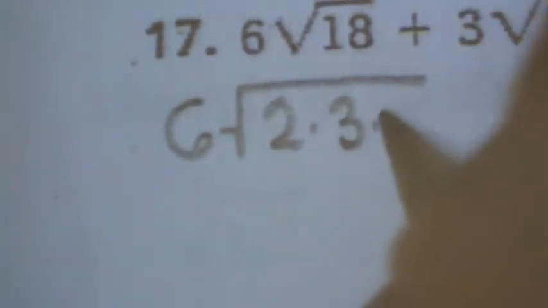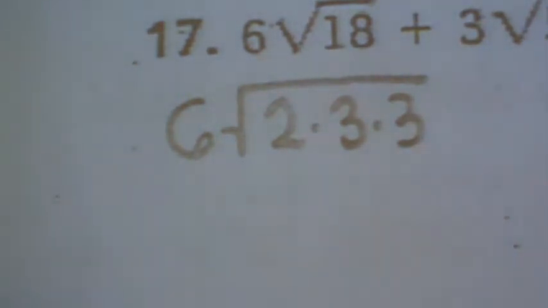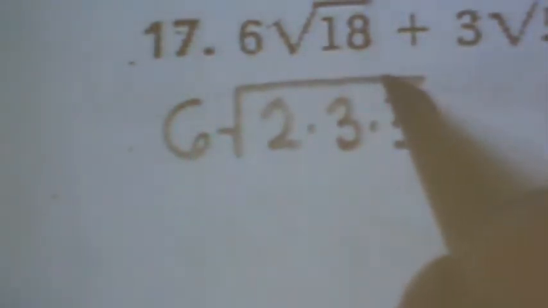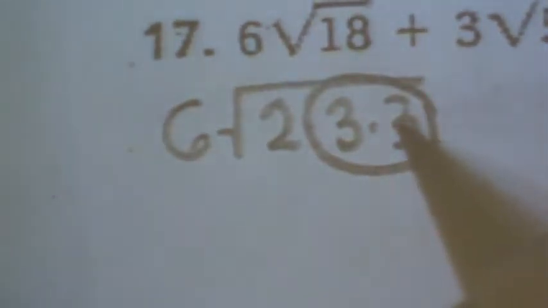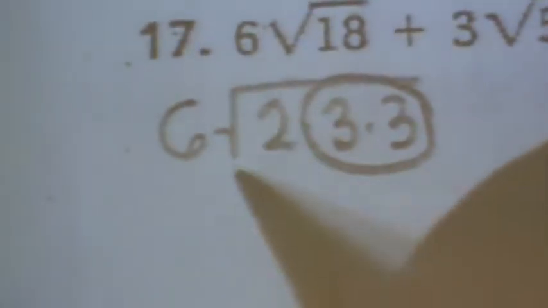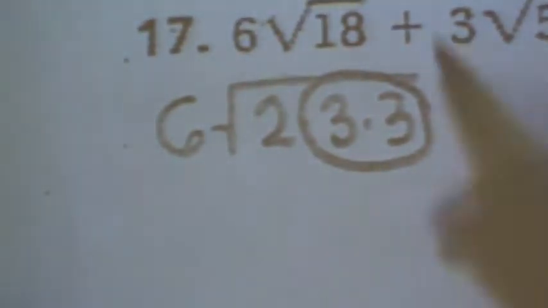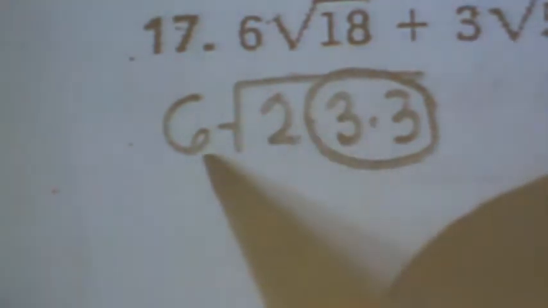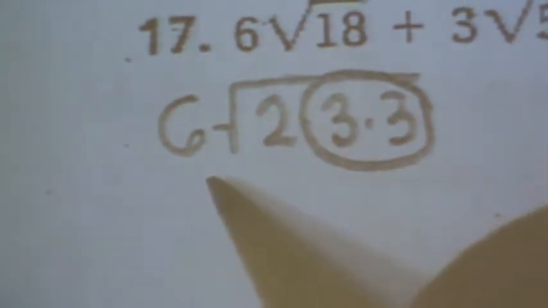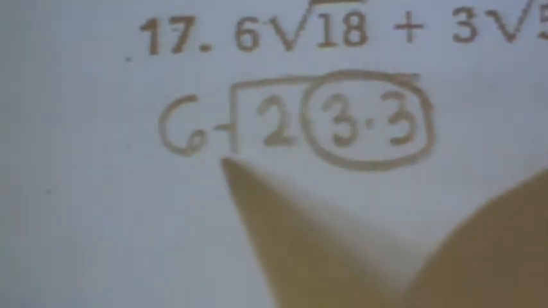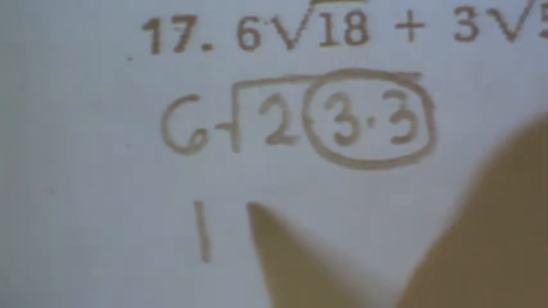Break it down into what? 18 is 2 times 9, and 9 is 3 times 3. It's a square root, so what comes out? This 3. What do you do with that 3? I had quite a few people ask me in class today. Take it out. Multiply it by the coefficient. Do you add them? Is it 9, or is it 18 root 2? 18. Good answer.